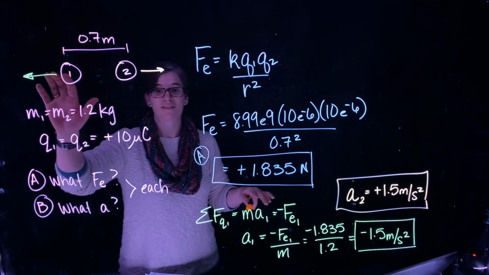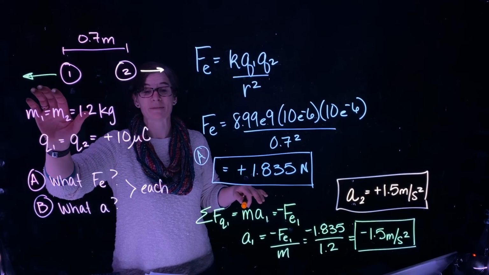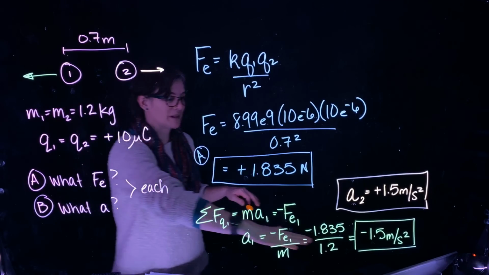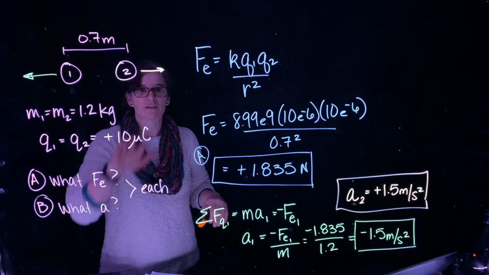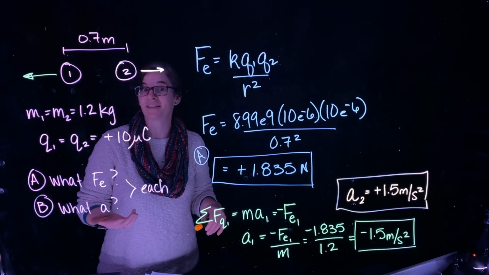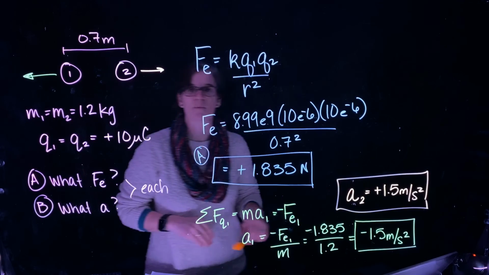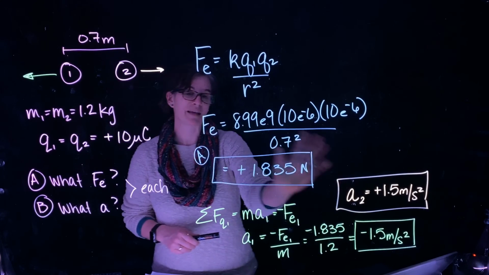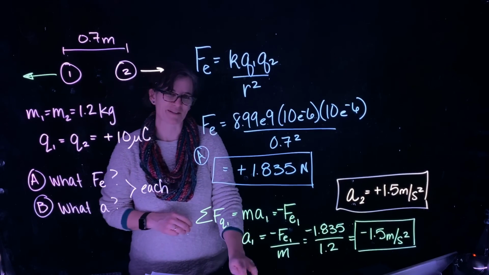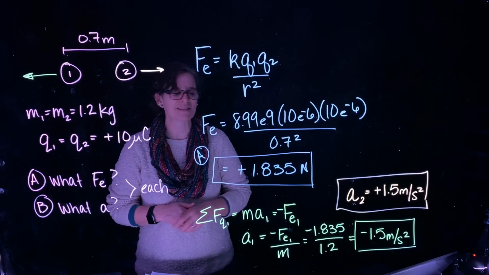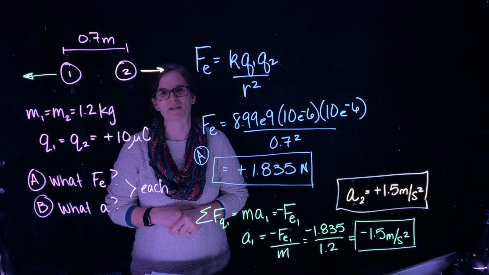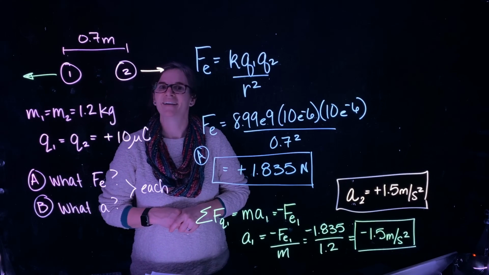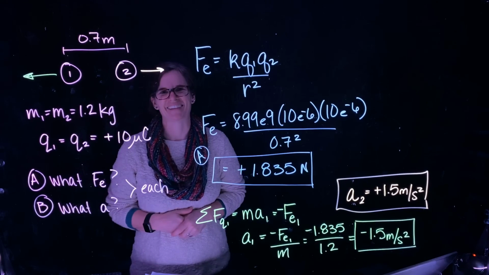Repelling tells me that the force acting on object 1 has to be negative in direction, so we'll have a negative acceleration. The force acting on object 2 has to be positive in direction, and we'll have a positive acceleration. And of course, if I had different masses, I would follow the same process for object number 2. But since we have the same masses, we can conclude that the accelerations must also be the same, but opposite direction. All right, good job.